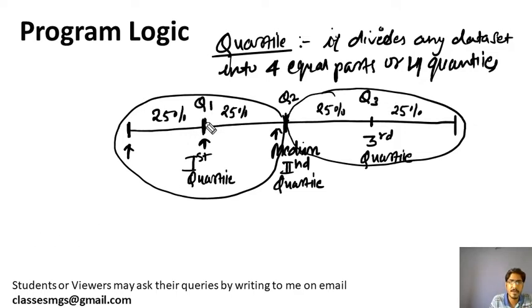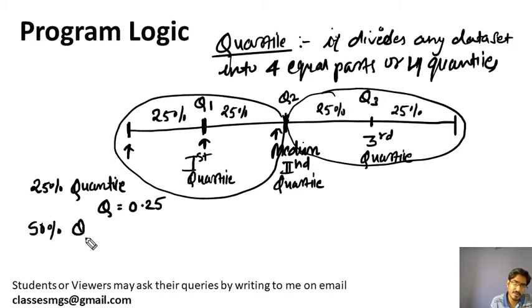Okay, so if someone asks you what is the 25% quantile, you will say Q will be 0.25. If someone asks for the 50% quantile, Q value will be 0.50.